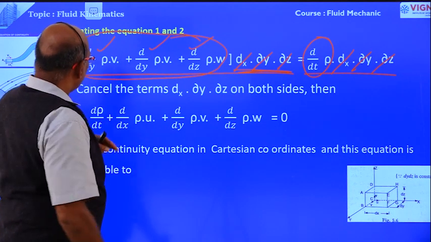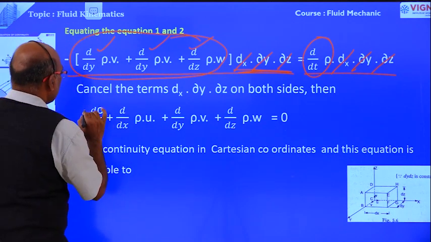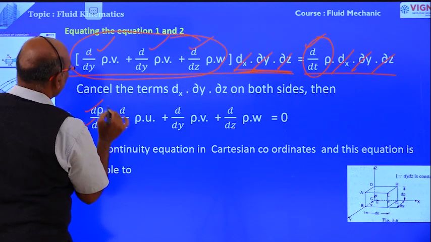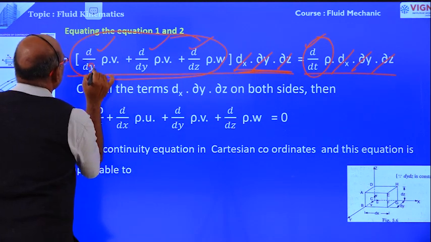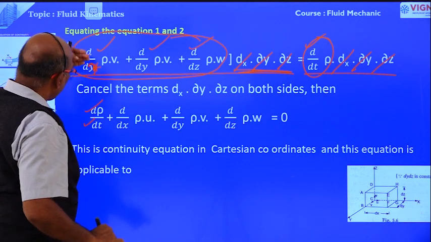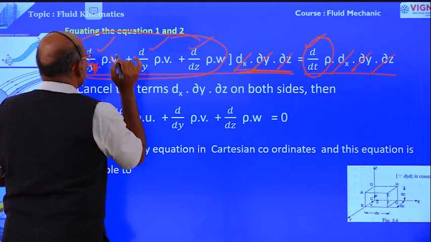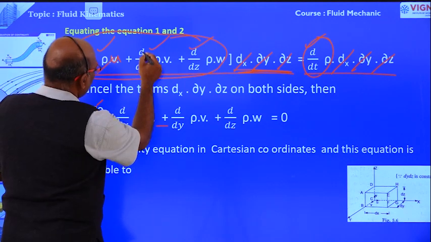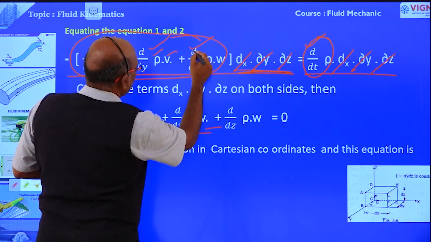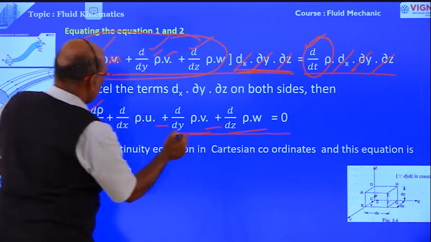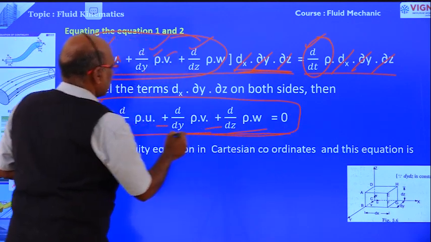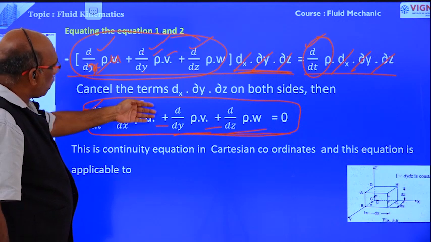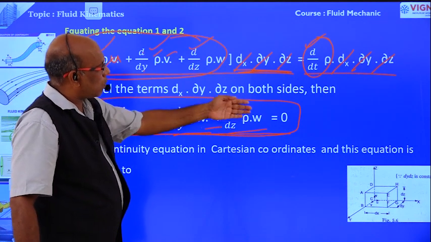Therefore, finally we have d rho by dt plus d by dx of rho u plus d by dy of rho v plus d by dz of rho w is equal to 0.